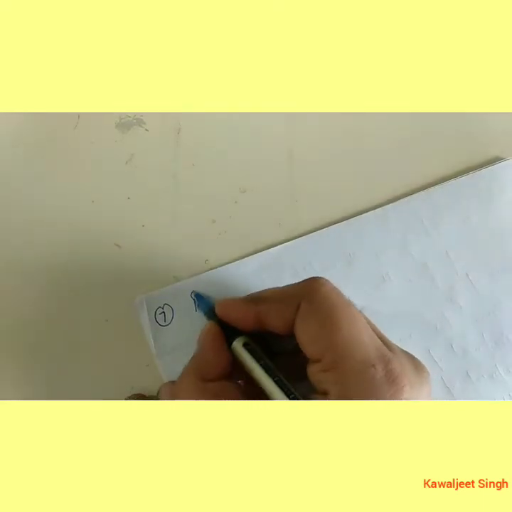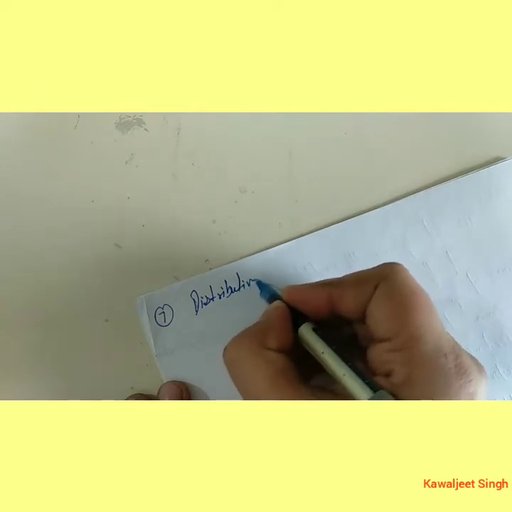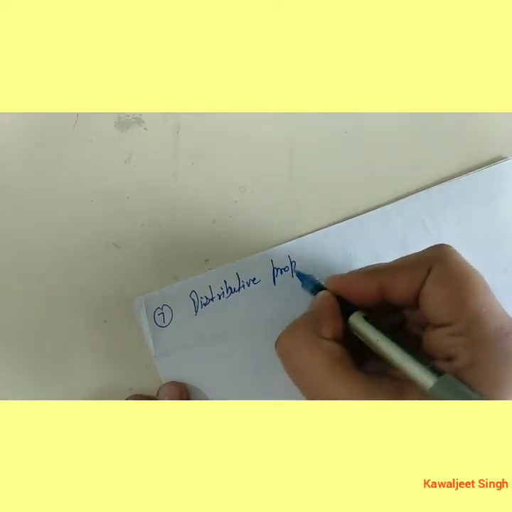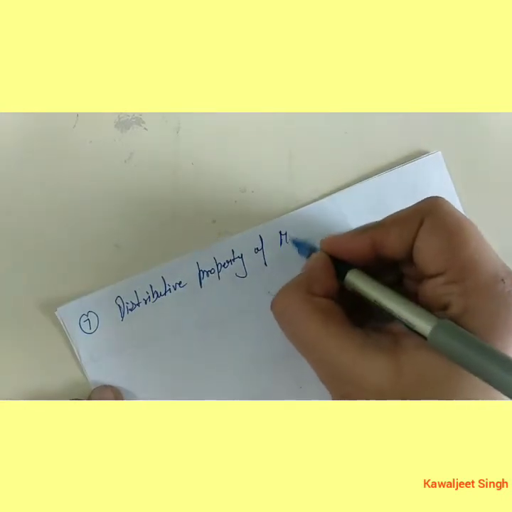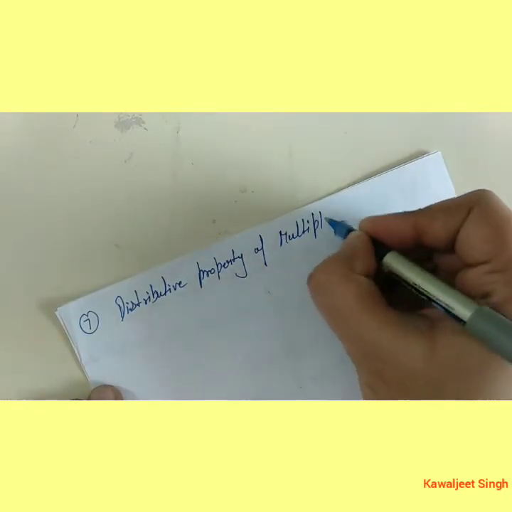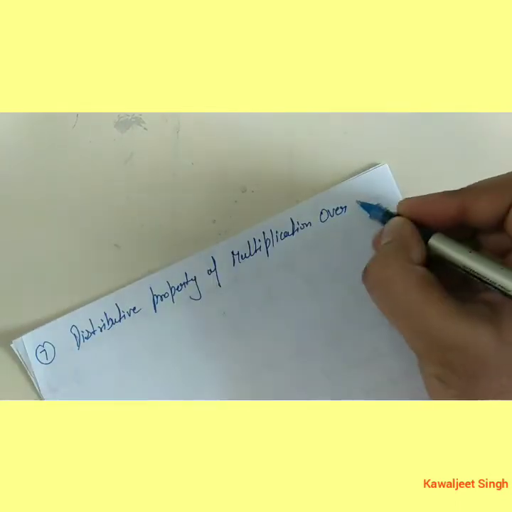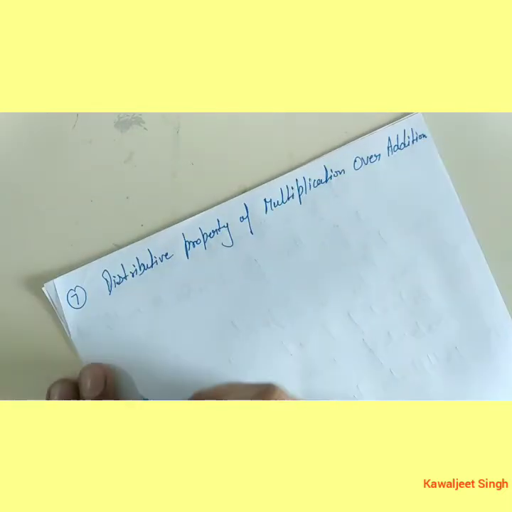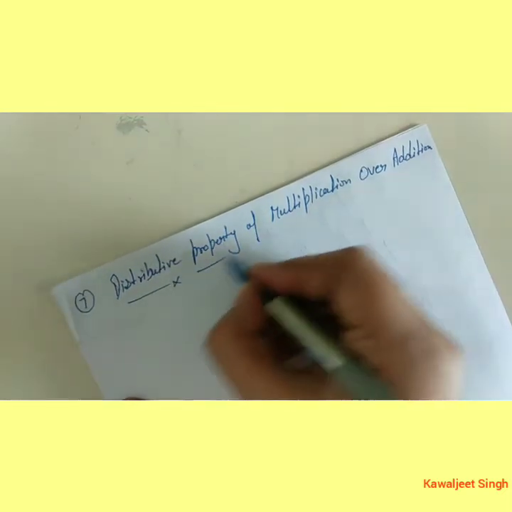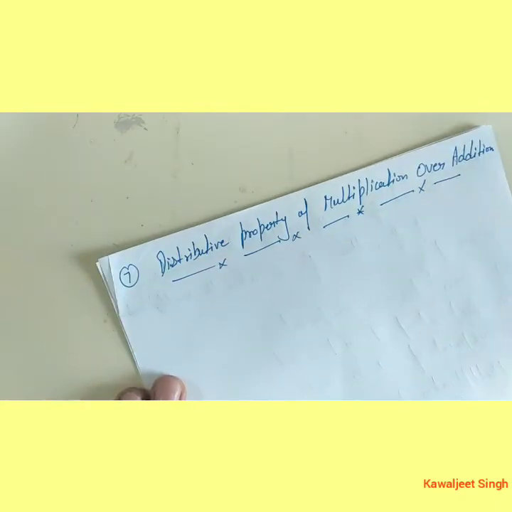Now see here our seventh property. This is very important: distributive property of multiplication over addition. So the multiplication of rational numbers is distributive over addition.